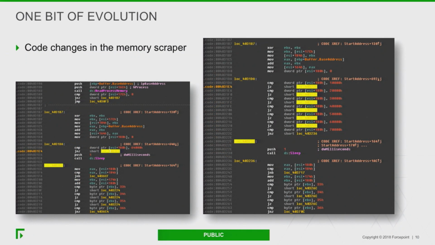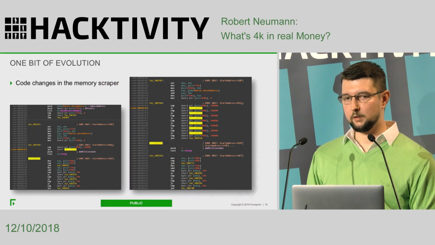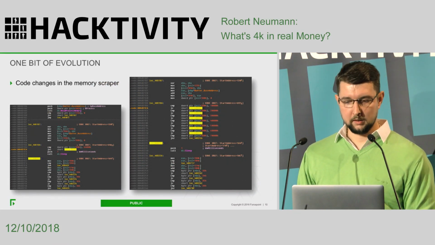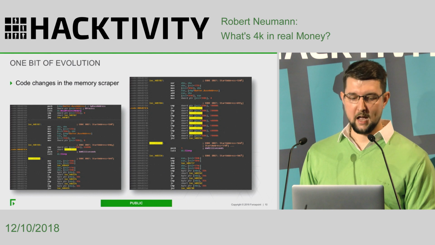On the right, you can see the very same code, except that there are 5 more conditions. And it seems that by just reading memory, either it's running into an exception sometimes, or the timing is key, because in the old sample on the left, from January or February this year, they were reading around 400 kilobytes and then sleeping for 1 millisecond.